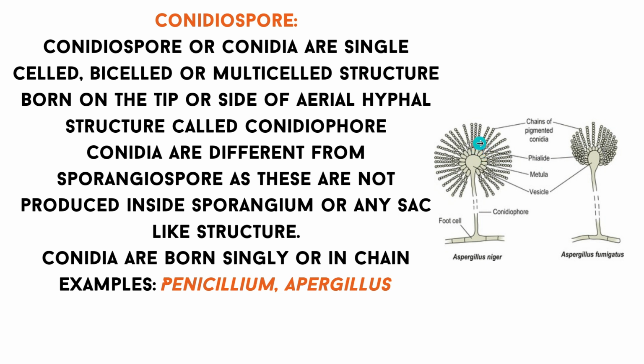At the tip of the phialides you can see the chain of conidia, and this conidia is nothing but a specialized spore, and when the conidia get detached from the fungi, they try to germinate into a new fungus. The examples for this are Aspergillus niger and Aspergillus fumigatus.